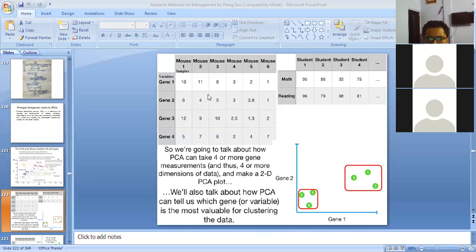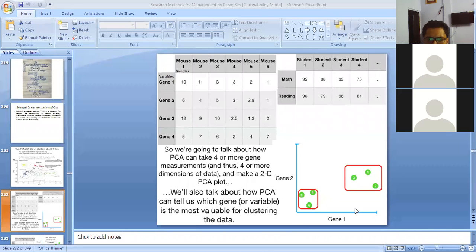If you express gene 1 along the x-axis and gene 2 along the y-axis, and plot all this data, 10, 6, 11, 4, 8, 5, 3, 3, then you will get something like this.